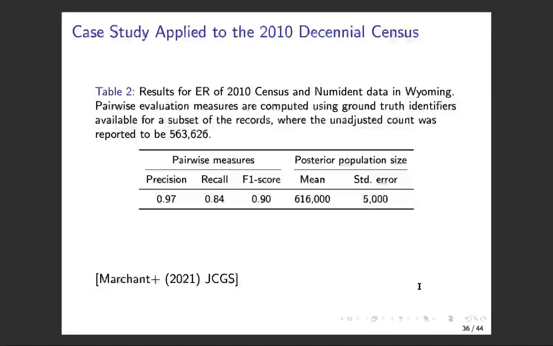Here we have pairwise evaluation measures. The precision and recall are 0.97 and 0.84 with an F1 score of 0.9. The posterior mean is rounded to 616,000 with a standard error rounded to 5,000. We can compare this with the adjusted count that was published in 2010 by the census.